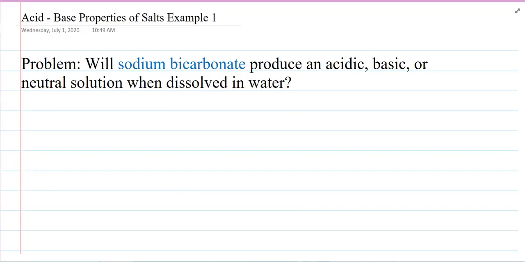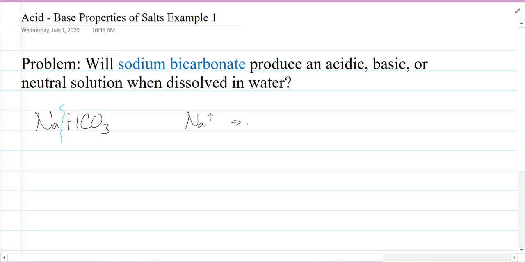Will sodium bicarbonate produce an acidic, basic, or neutral solution when dissolved in water? Well, what is sodium bicarbonate? NaHCO3. Of course, it separates right there. So we get Na+, no hydrolysis.